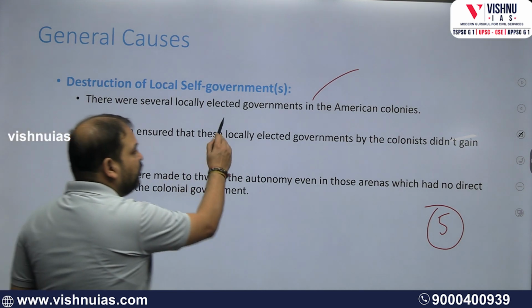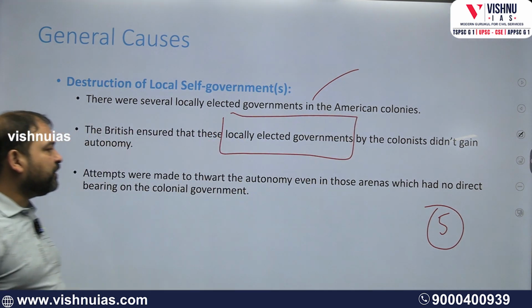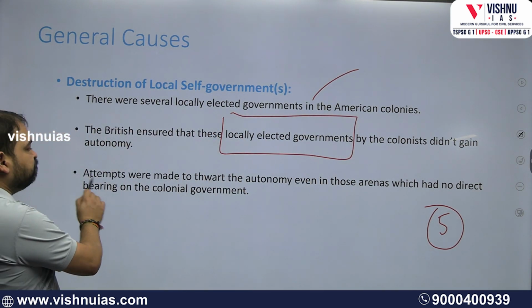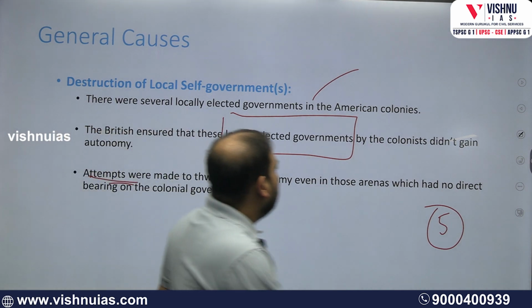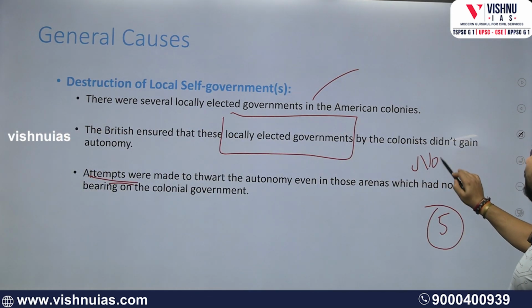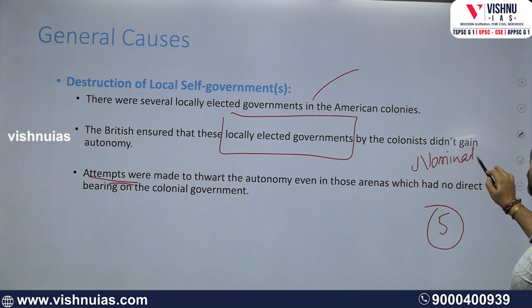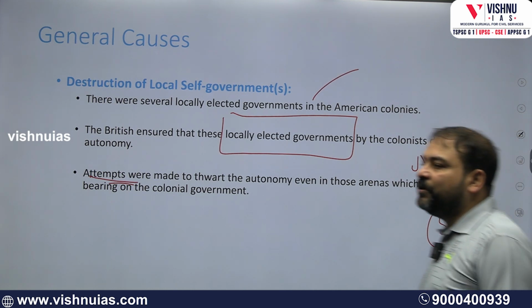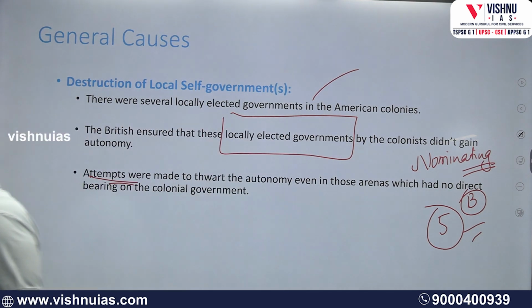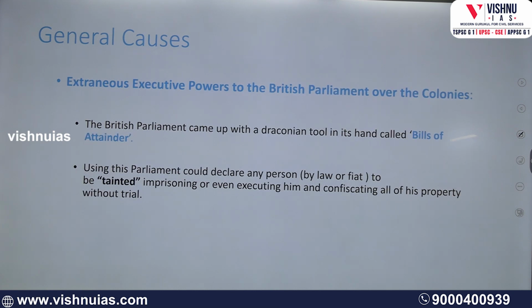So instead of a locally elected government, attempts were made by nominating them, and directly these nominations would be from the British. Clearly here also, their autonomy is being taken away. This was your fifth.